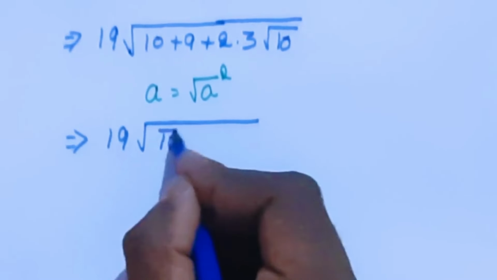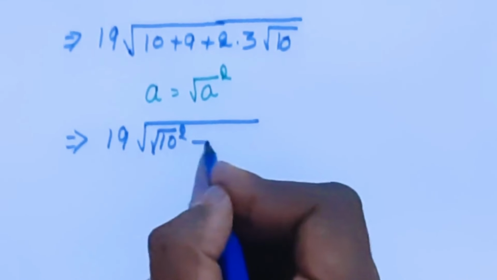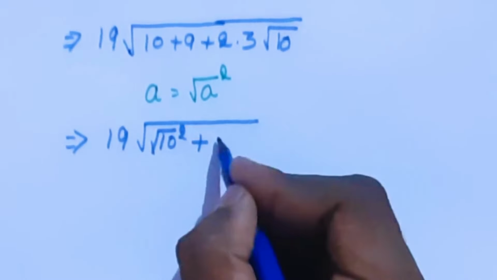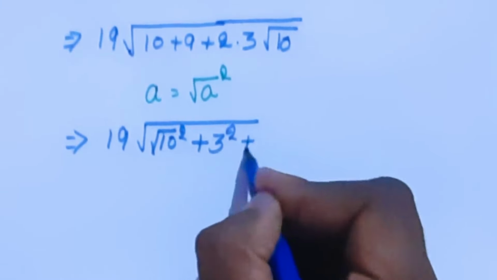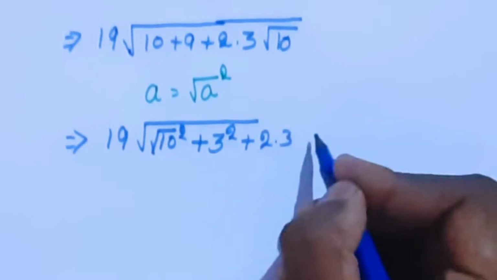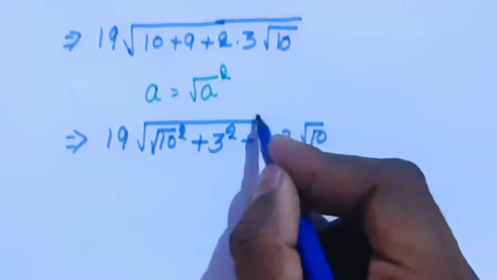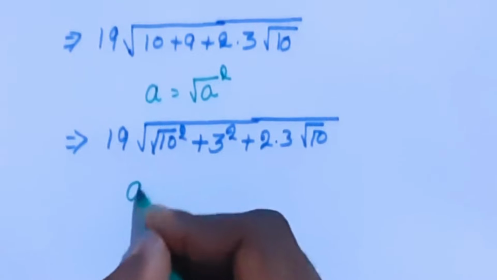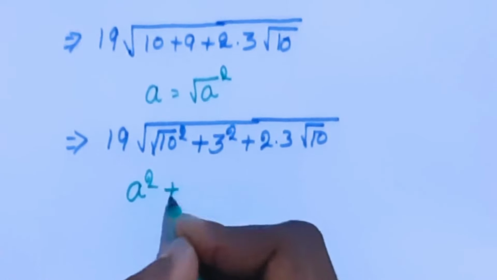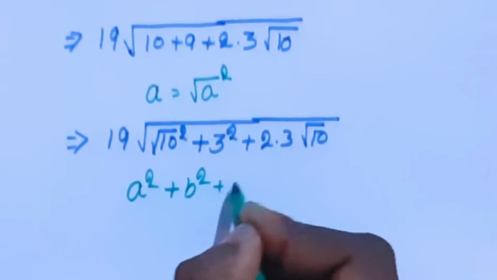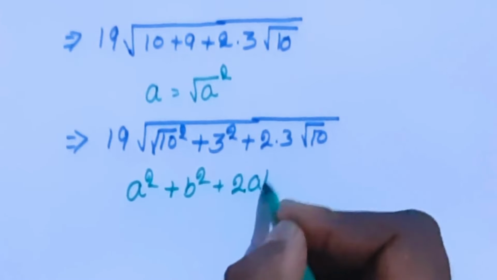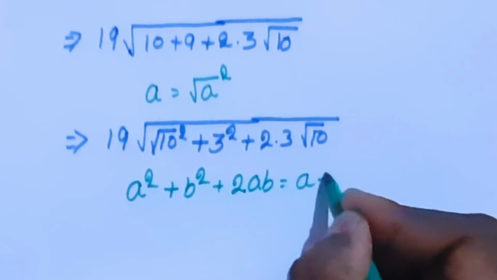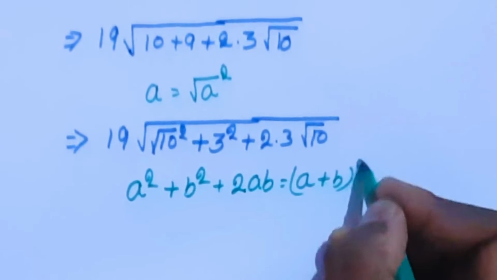So 19 square root of 10, 9 can be written as 3 square plus 2 times 3 square root of 10. Now here we are going to apply the algebra formula that a square plus b square plus 2 times ab equal to a plus b whole square.